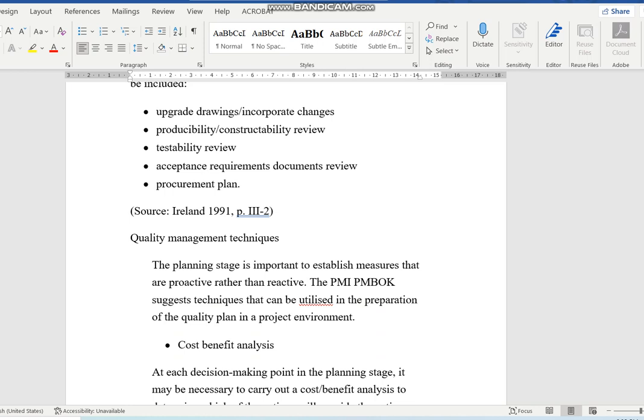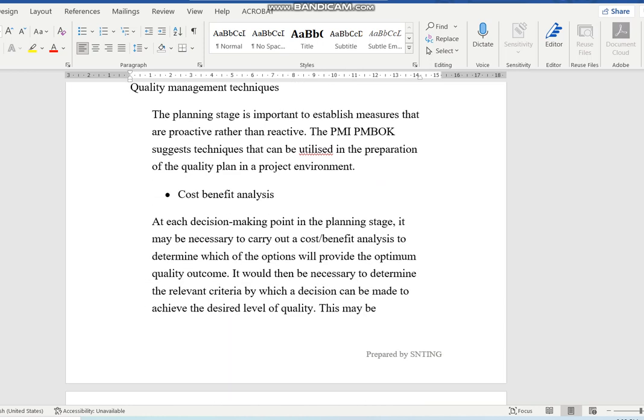Okay, then where do we use our project quality management? How do we use it? Of course, we would definitely look at quality. We also look at value engineering and cost-benefit analysis: what benefit would this item bring to the project and the end users, versus the cost of it.